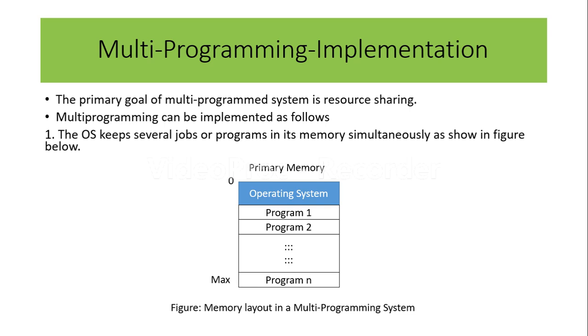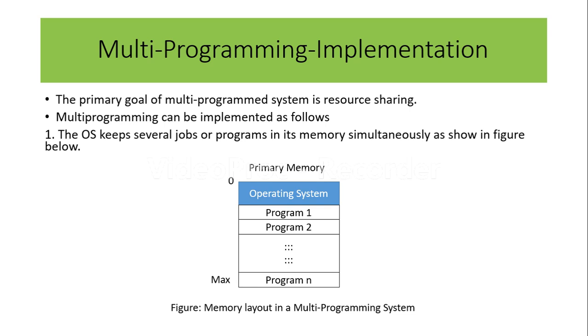Now the task of the operating system is to select one of the programs. The operating system may select program 1, program 2, program 3 or any of the programs, and it will start executing that program.